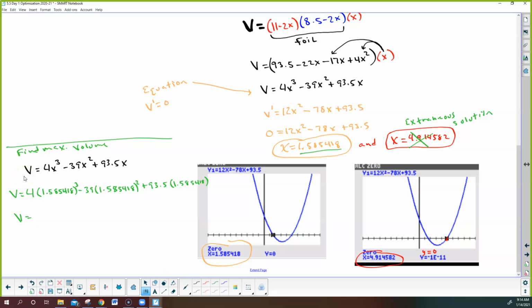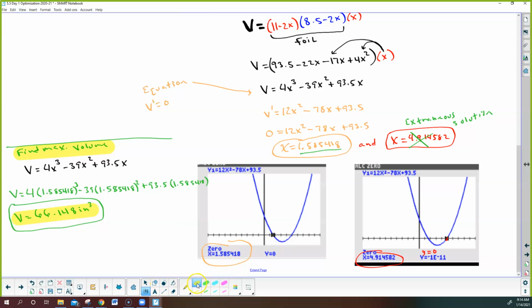And then just generate your answer. And it's not until we get to our final answer that we round to 3 decimals. Okay, so this volume is the maximum volume and then the length that we needed to cut.